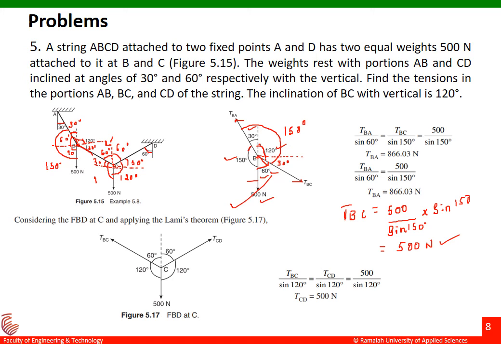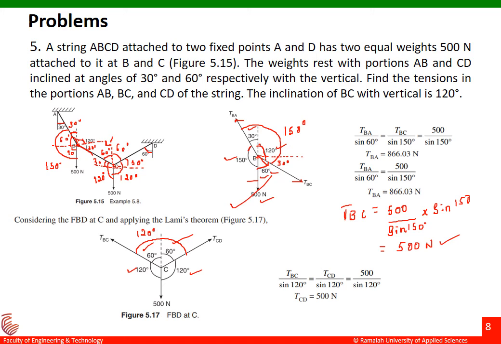If this is 30 degrees, the total angle made by this would be 120 degrees over here. Okay, so this 120 degrees is also drawn here, and this 60 degrees is also written over there. So the total angle between TBC and the TCD would be 120 degrees over there.